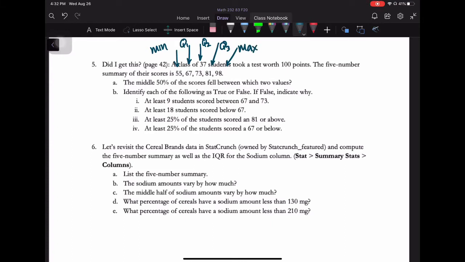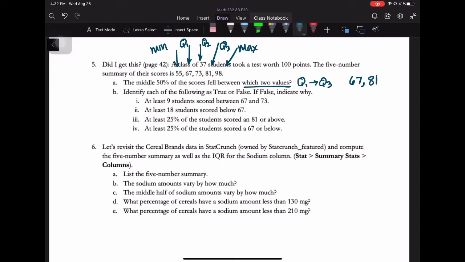The middle 50% fell between which 2 values? It's not asking us for the range right now. We're not looking for the interquartile range, but we're asking which 2 numbers it fell between. And remember that that was between Q1 and Q3. So Q1 was 67 and Q3 was 81. So it fell between 67 and 81%.